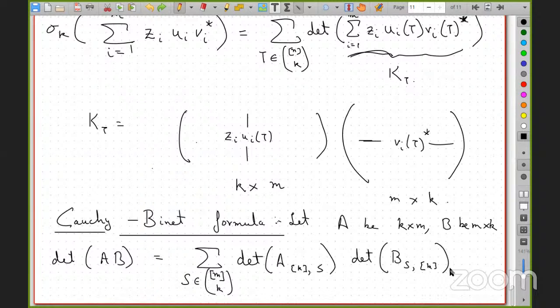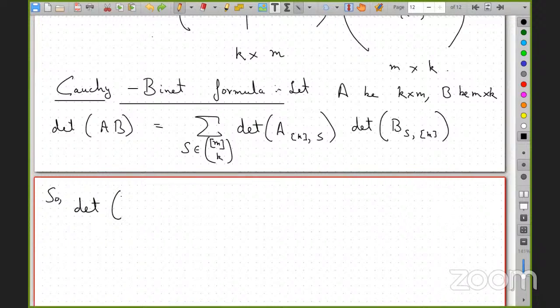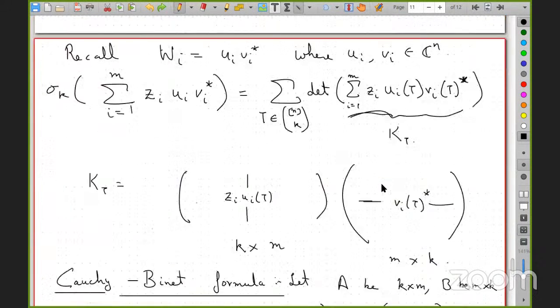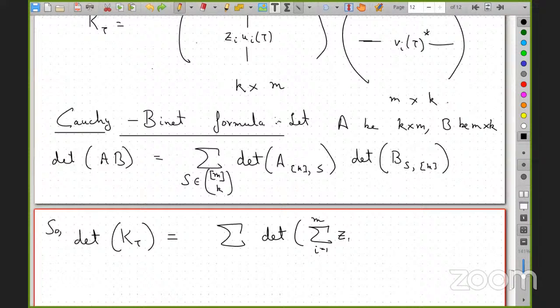So in this vector form, what does that tell us? This determinant of KT is the determinant of the sum over i from 1 to m of zi ui vi star.